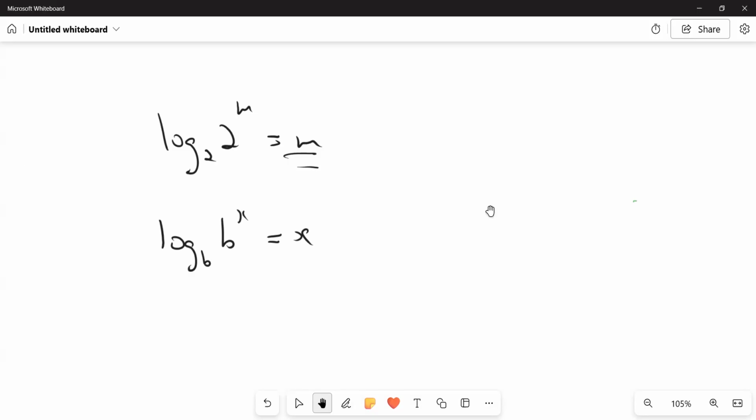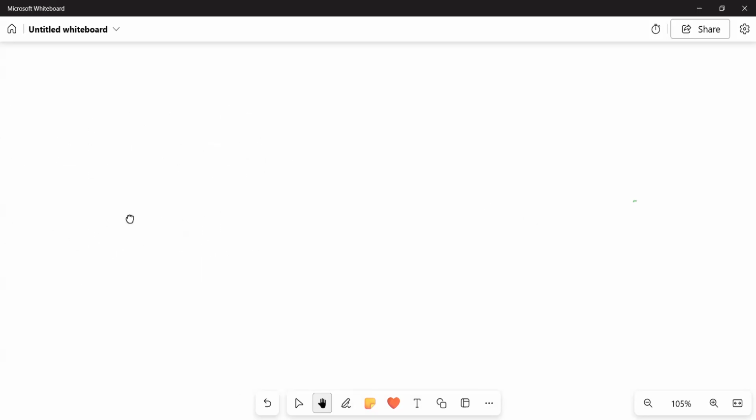Well, let's evaluate some logarithms that can be tricky sometimes. Let's say you want to evaluate the log of 1/9 with a base of 3. So what are you going to raise 3 to, to give you 1/9?